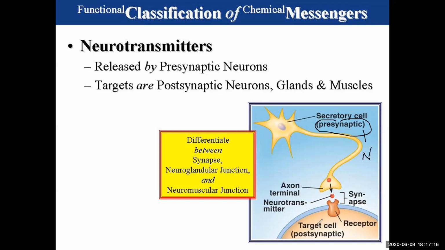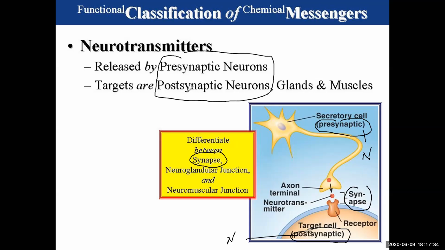And this here, it says target cell postsynaptic, then this has to be a postsynaptic neuron, since we're dealing with a synapse, right? A synapse is between two neurons. So you have presynaptic and postsynaptic neurons. That's a synapse.